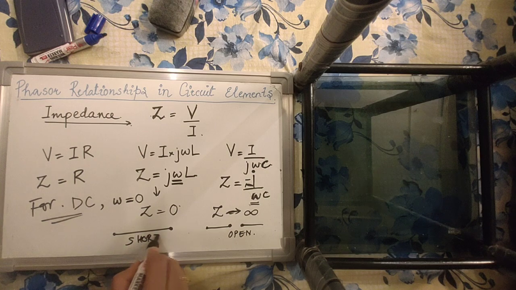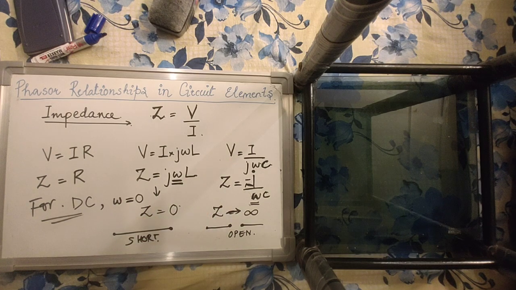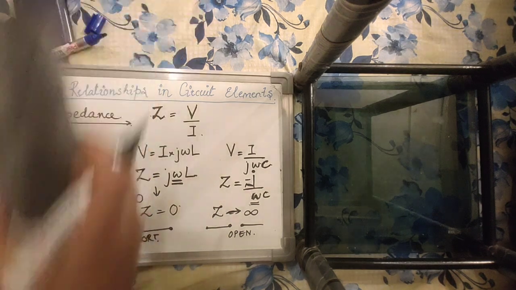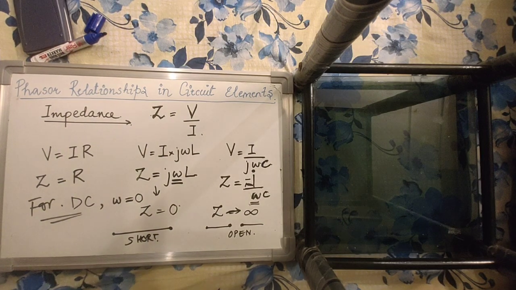So in a DC circuit, the resistance is as it is, the inductance is a short, and the capacitance is open. It's as good as saying that it will not allow any current to flow because it will offer infinite impedance.